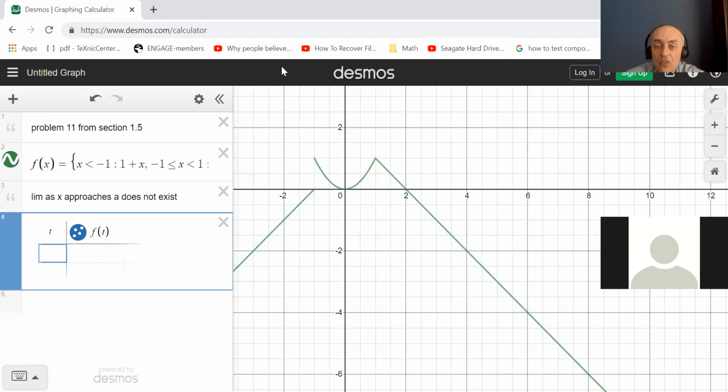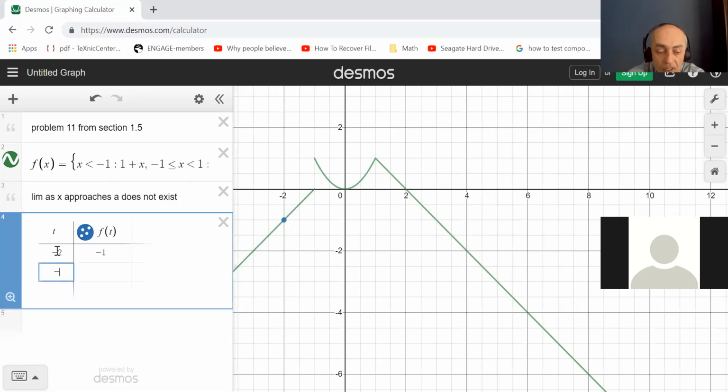Where can I start? Let's see in the chat. Anybody have any ideas so we can substitute those in here? Again, we need a bunch of numbers less than -1. -2, -1.5, that's correct. So let's put -2 here, then -1.5. There we go. How about we get closer to -1?